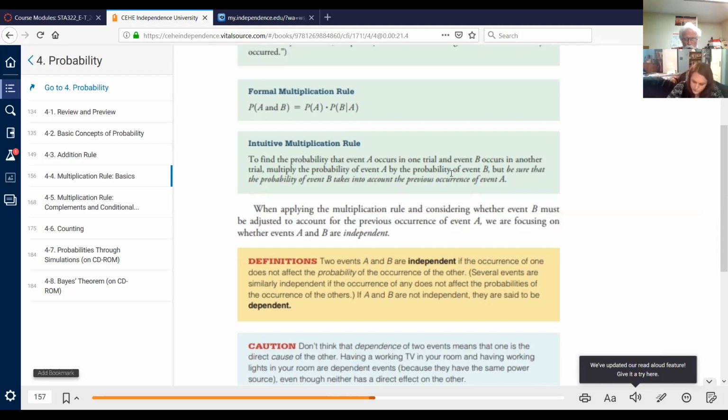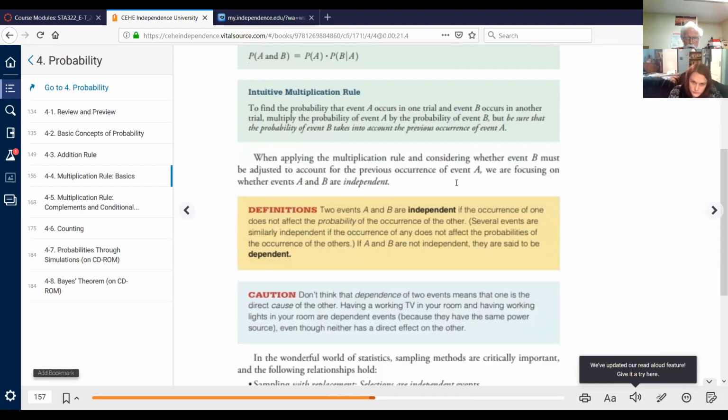And it gets worse: to get 3 6s in a row, it's going to be 1/6 times 1/6 times 1/6, or 1/216. So now we're down to less than 0.5%. So a very unlikely event.